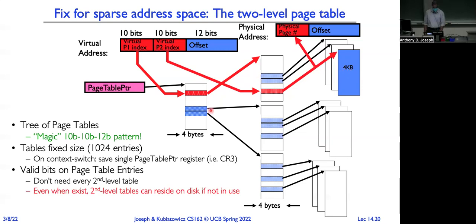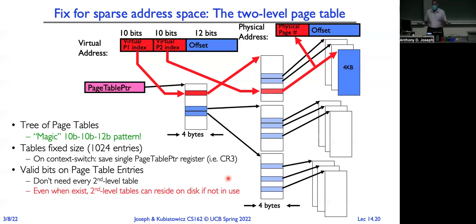Now, we also need to have valid bits on all of these entries, because now we don't have a length. It might be that we're only using the first, I don't know, 500 entries in our top level page table. So we need valid bits to tell us whether some entries are valid or invalid. We don't need every one of these second level page tables. If the entry in the top level table is invalid, then there's no associated second level table.